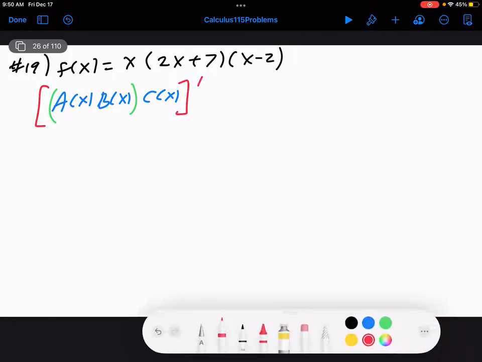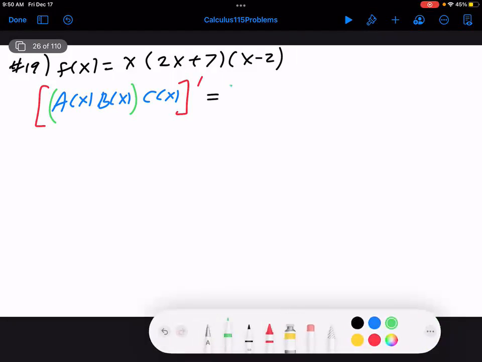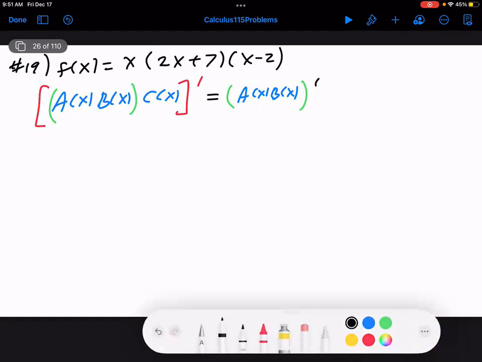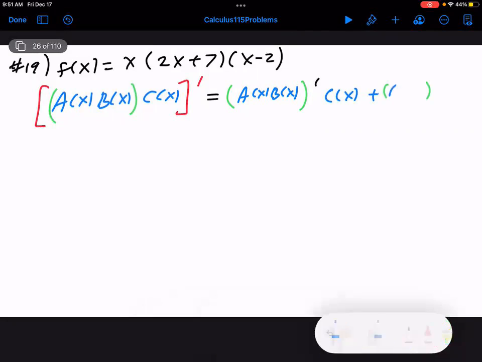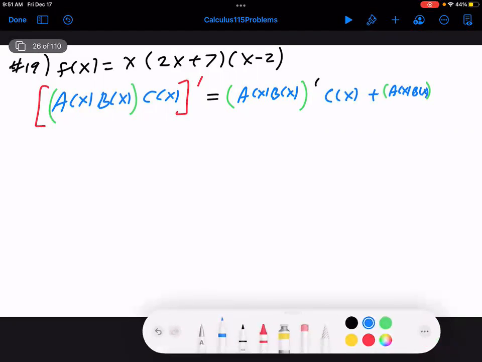And I'm going to take the derivative of this whole expression. Well, by the product rule for what we have, we know that this is going to be the derivative of my function a of x, b of x. So we need the derivative of that piece times c of x plus, and now we'll have the a of x, b of x, and now we have multiplied by c prime.